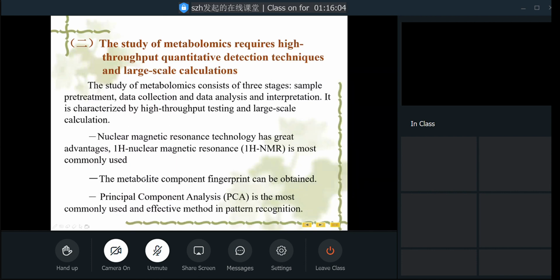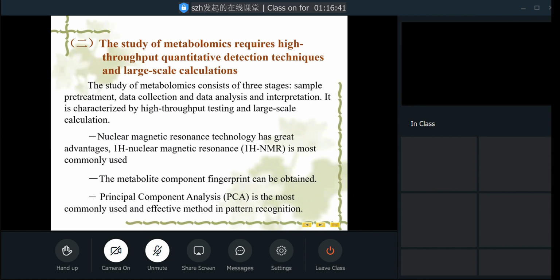Here you can see nuclear magnetic resonance technology has a great advantage. Nuclear magnetic resonance is the most commonly used, and maybe in clinical hospitals it is also used. And another one, principal component analysis is the most commonly used and effective method in pattern recognition.